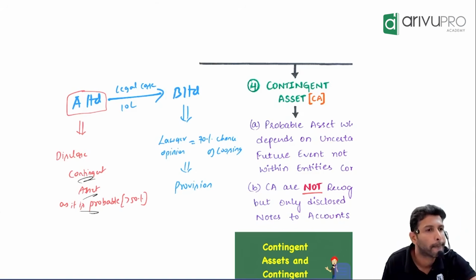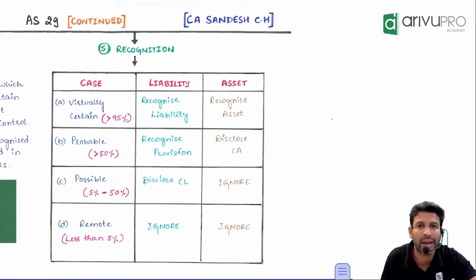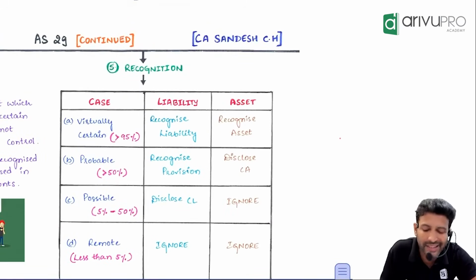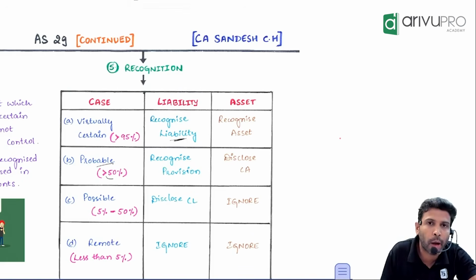Okay, now that's it. This one I've summarized for you for your quick reference. If it is virtually certain, meaning more than 95% chance, on the liability side you will book liability. If it is probable, first we will think from the liability side. If it is a probable obligation, then recognize provision.